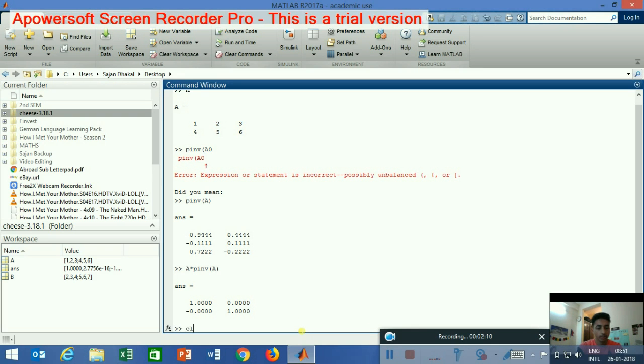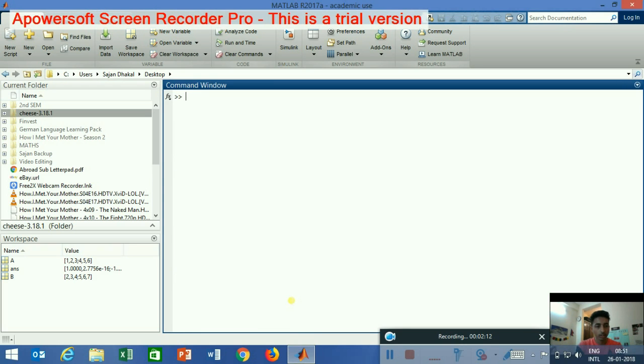So let's just clear this window. So our matrix is this. What I just wanted to show you is, what if we wanted to add 1 to every element of matrix A? Then we would do so by typing A plus 1. You see 1 plus 1 equals 2. And the same thing goes for subtraction as well.